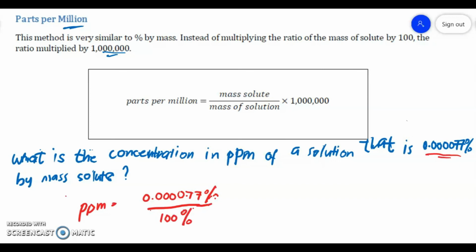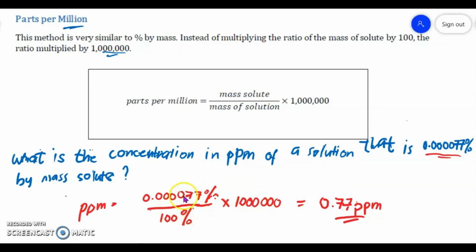I'll explain later why it is divided by 100%. This is equal to 0.77 ppm. This is the final answer.